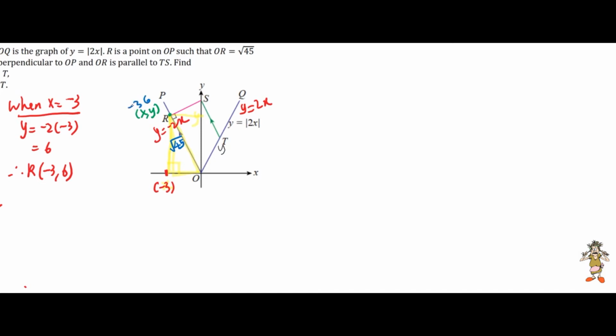Since RS is perpendicular to OR, we can use the gradient function. The gradient of OR is 6 minus 0 over negative 3 minus 0, which is negative 2.